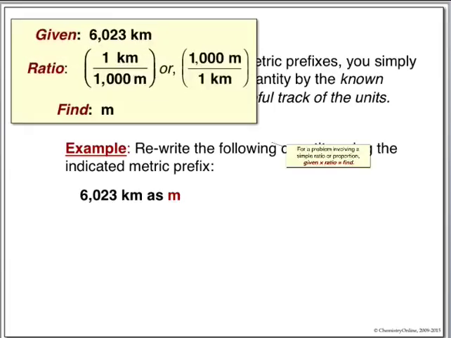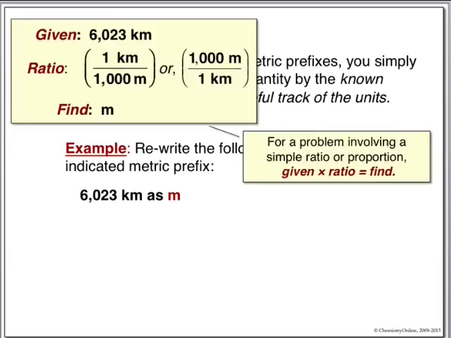So you start off writing your given. We're going to multiply that by a ratio that's going to relate kilometers and meters. There are two ratios we could write here. We could say that 1 kilometer is 1,000 meters, or 1,000 meters is a kilometer, whatever. Right? Which ratio do you want to pick?